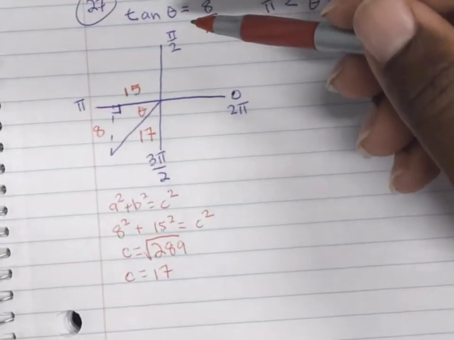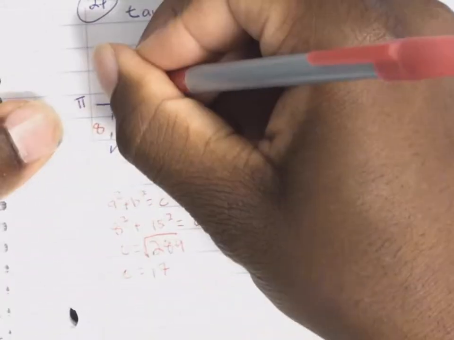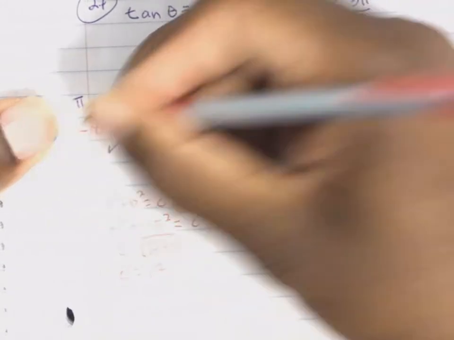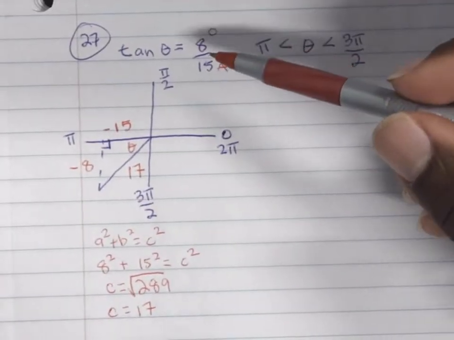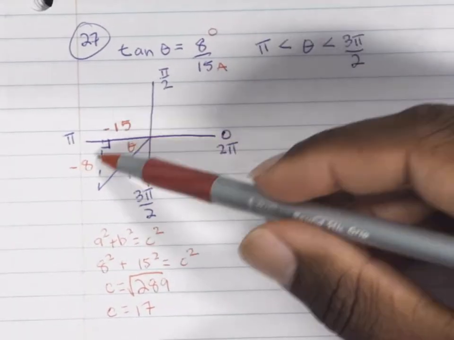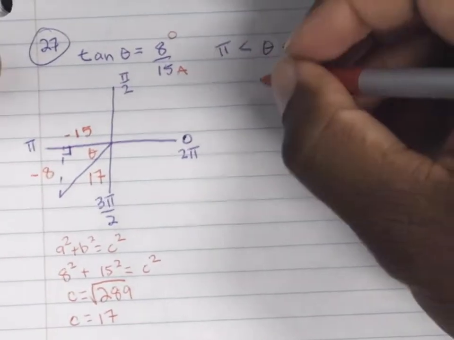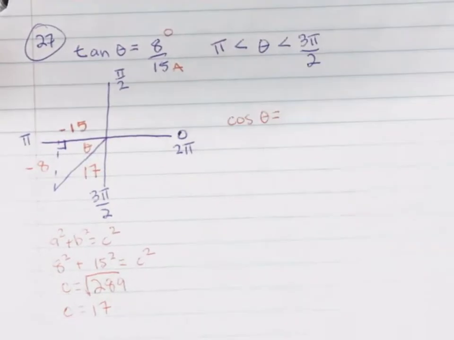So if I'm thinking about my sides, since I'm in the third quadrant, the x is negative and the y is negative as well. If I think about cotangent, if both of these were negative, we would get a positive fraction, which is what we get. So these two numbers are negative. When I write my other functions, let's do cosine of theta.